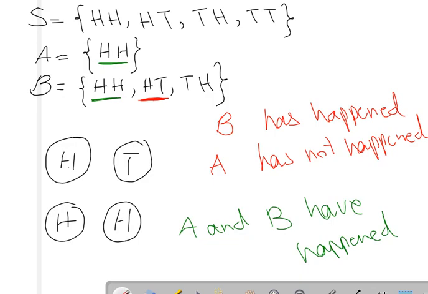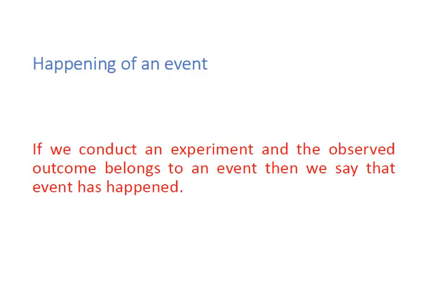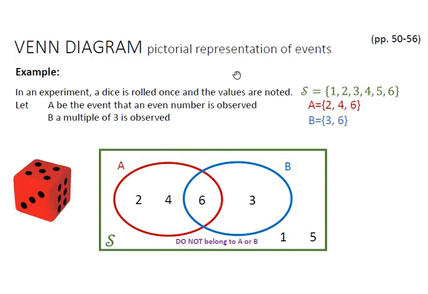Okay, let's continue. What is a Venn diagram? It is a pictorial representation of events. For example, suppose an experiment of rolling a dice.